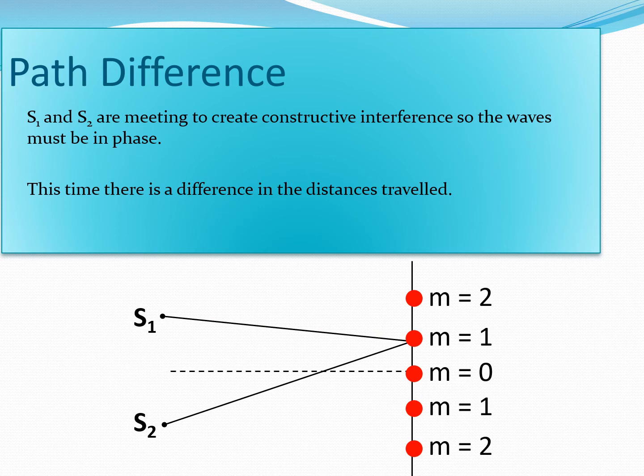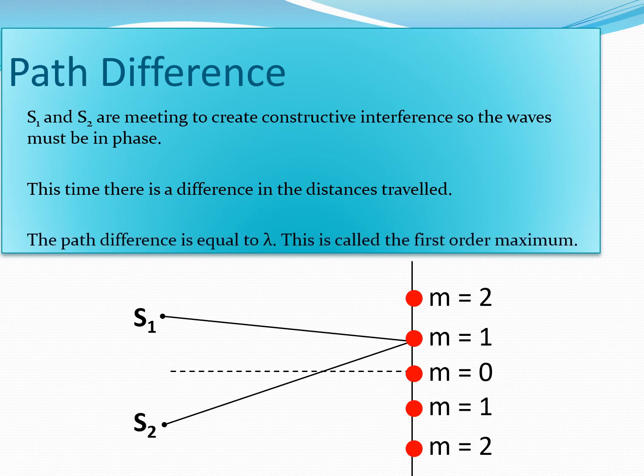So we have a difference in their paths. So therefore, we know that there must be a path difference, and it turns out at m is equal to 1, our path difference is equal to the wavelength of the waves.